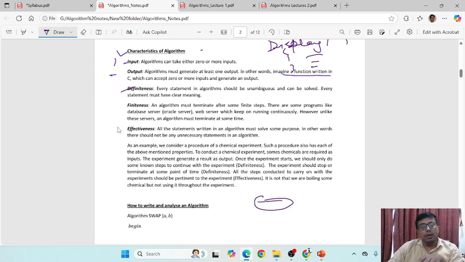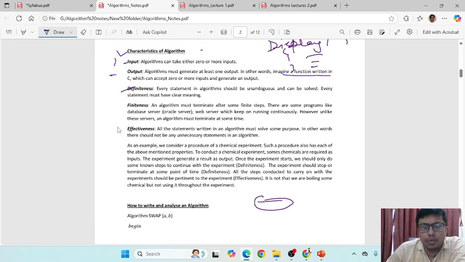So everyone who studies that algorithm will understand the same meaning from those particular algorithmic steps. You need to write an algorithm with all steps in English-like language in an unambiguous manner.